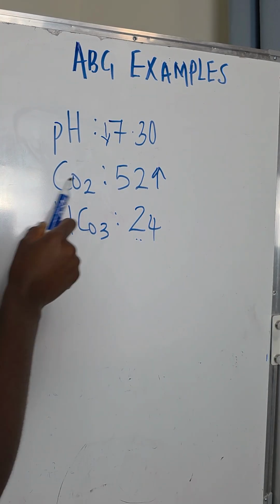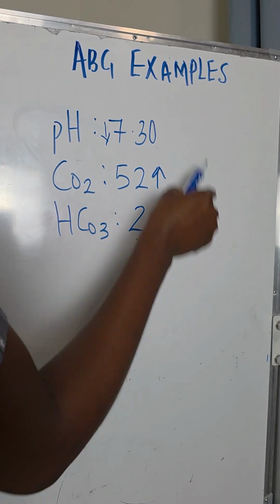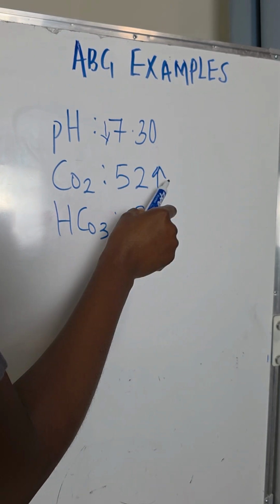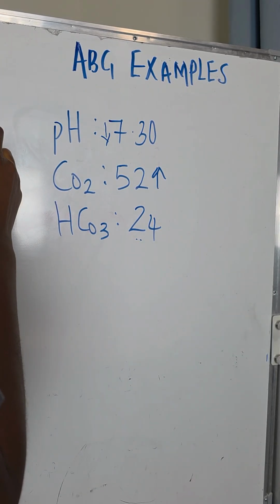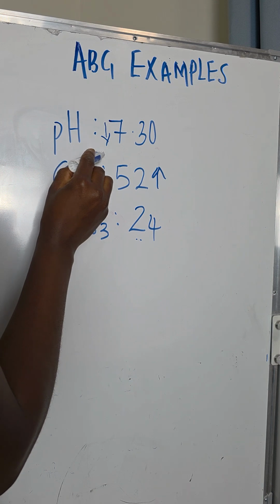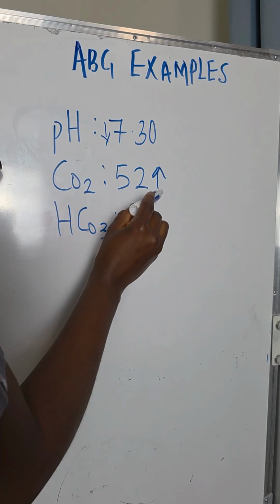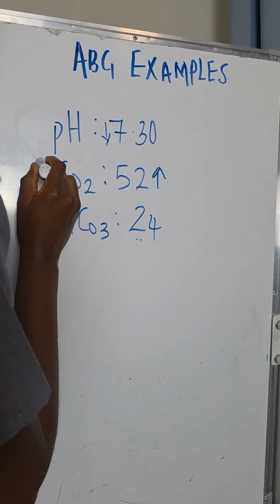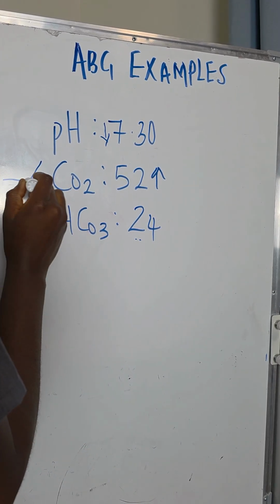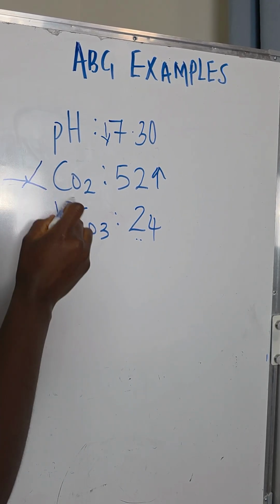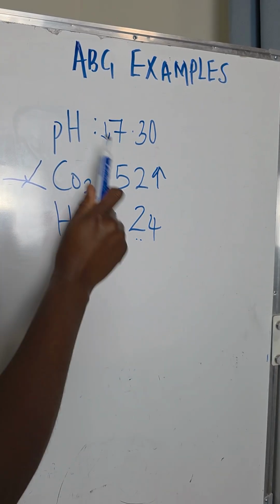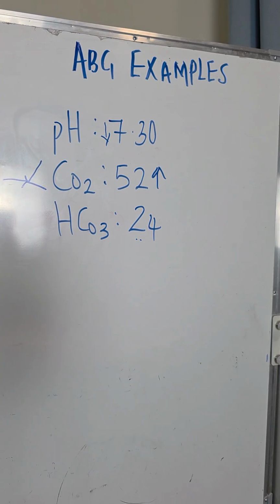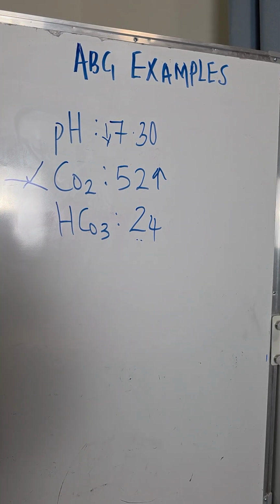The CO2 is 52, which is greater than the normal range of 35 to 45. That means the patient has more acid. With the pH going down and the CO2 going up, they are moving in opposite directions. And CO2 is an indicator for respiratory disorder for ABGs. So this is respiratory acidosis. The bicarbonate is normal.